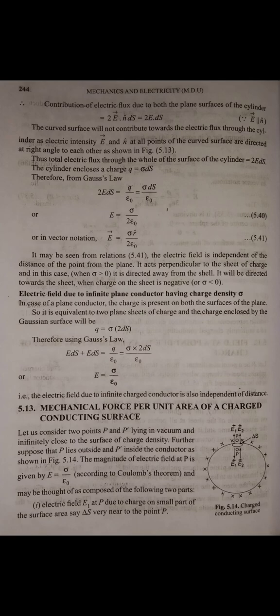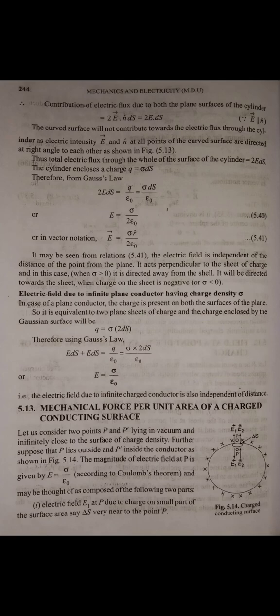Mechanical force per unit area of a charged conducting sphere. Let us consider two points P and P dash lying in vacuum and infinitely close to the surface of charge density sigma. Further, suppose that P lies outside and P dash inside the conductor.